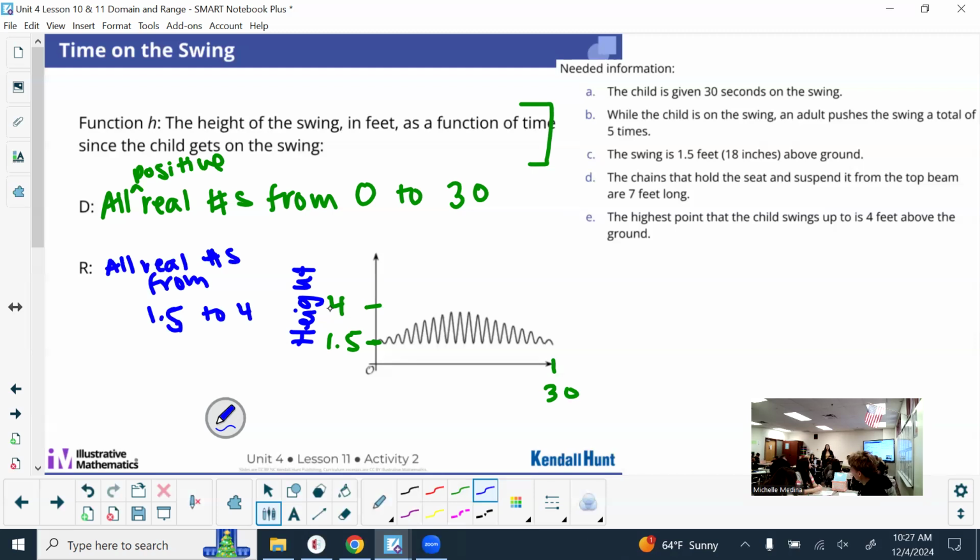It can be the decimals in between, which is what real numbers kind of means. Questions on that? Okay, tomorrow that's where we're going to start, so don't lose it.